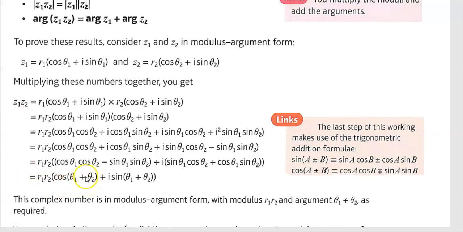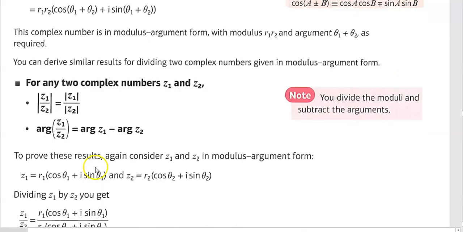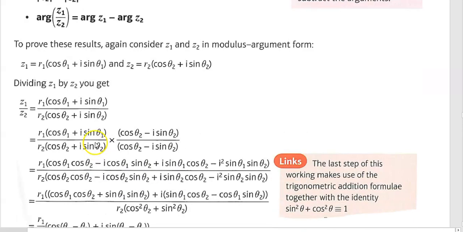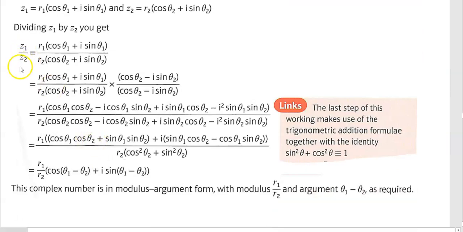Okay? The same thing we can show when we divide. So when we divide complex numbers, if you have your z1 and your z2, again, I'm not going to go through this one. Only thing I want to say is to divide complex numbers, remember you multiply top and bottom by the conjugate of the bottom line.